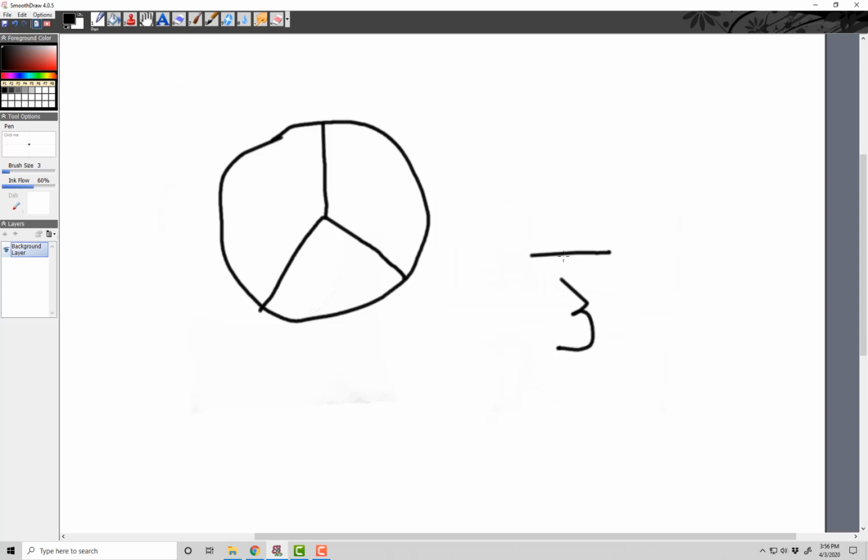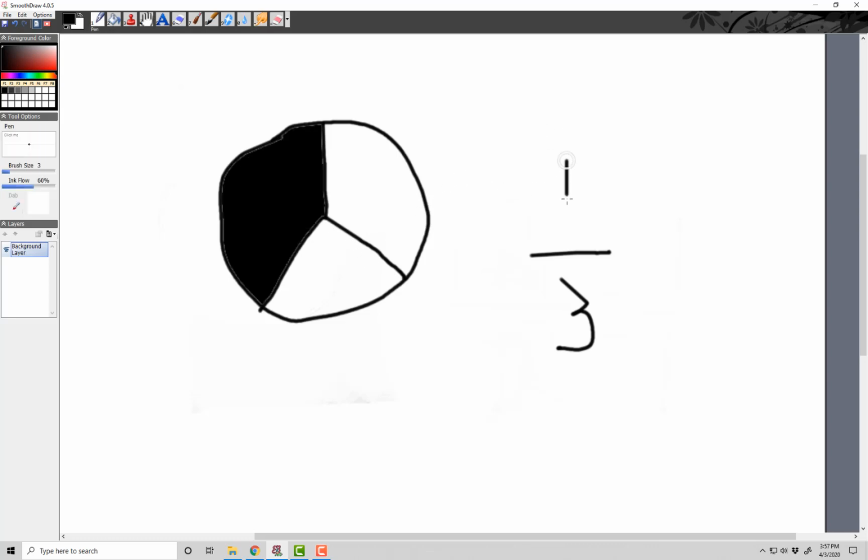So our denominator is a 3. And let's say if we just eat one at the moment, what is that? That is 1/3 of the total pie, right? So 1 divided by 3. You took one whole and you divided it into 3 pieces, okay?